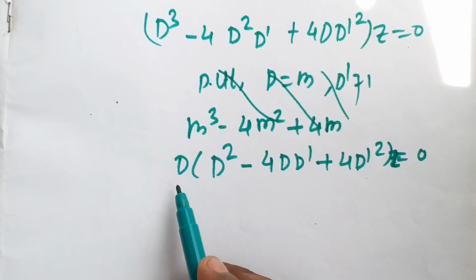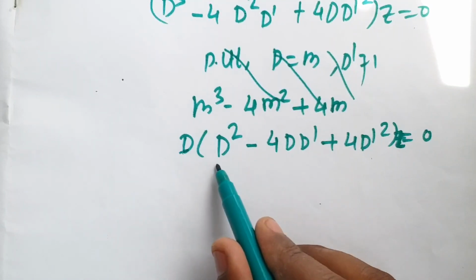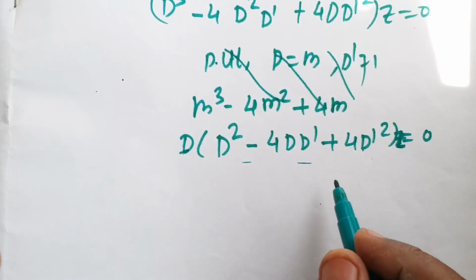Now the solution for this common factor D, this is the only common factor D, there will be one solution corresponding to this, and the remaining solution will be corresponding to the second factor.